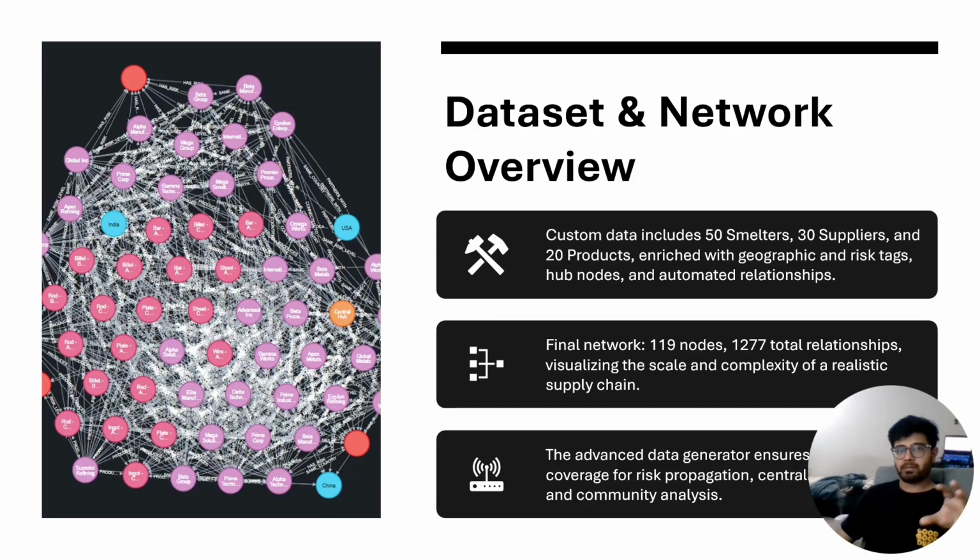This feature allowed us to create regional and risk-based clusters, which become very useful for community detection and for risk simulation as well. Through this structure, we essentially build a graph that behaves like a mini world supply chain where you can interactively explore the relationships, locate different vulnerabilities, and generate dynamic paths and reports for the same.